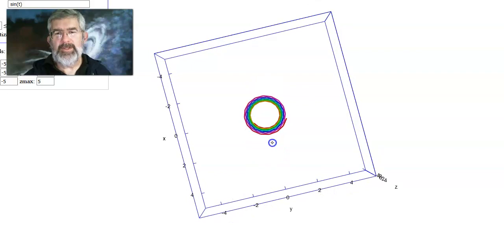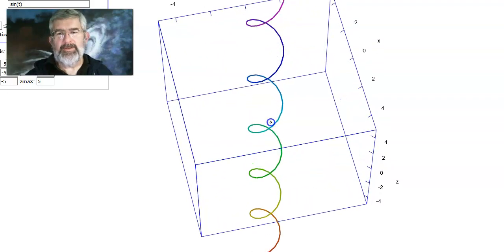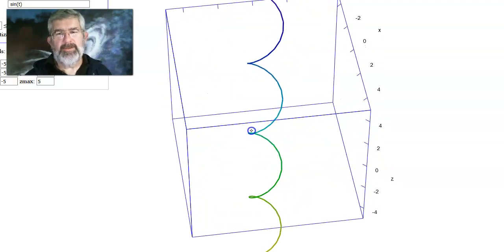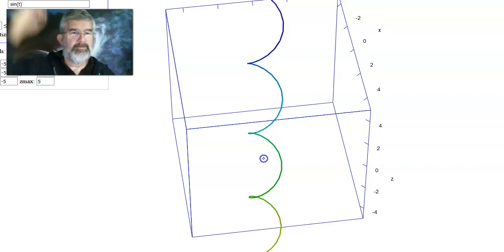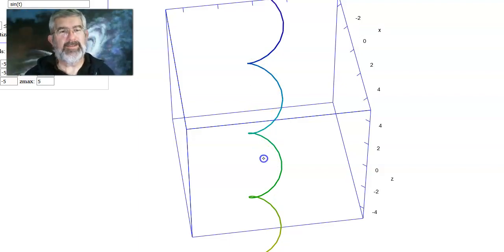But because there's z involved here, z is just t, and so as the x and y are doing their circular thing, z is going from minus infinity up to plus infinity, so that circle gets turned into a helix. This is not a spiral, this is a helix. A spiral is a two-dimensional curve, a helix is a three-dimensional curve.